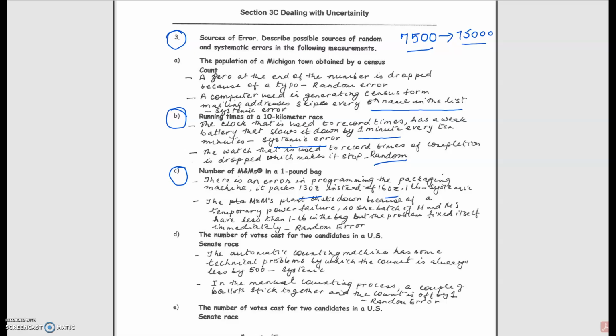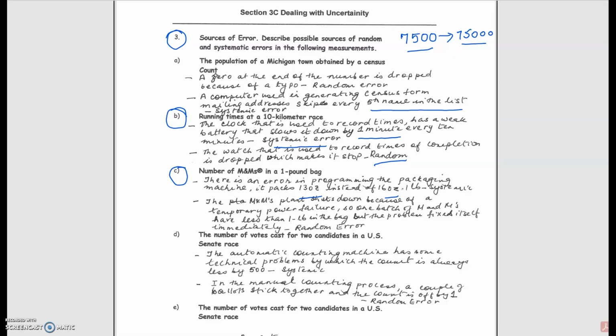So every bag that goes through the system is going to have 3 ounces less, not because of a human error that is random or happens just by chance, but this machine is going to consistently have this error until the system itself is fixed at some point. Somebody notices it and they fix the system. It'll consistently keep filling the bag with less than 1 pound of M&Ms. So that would be a systemic error.